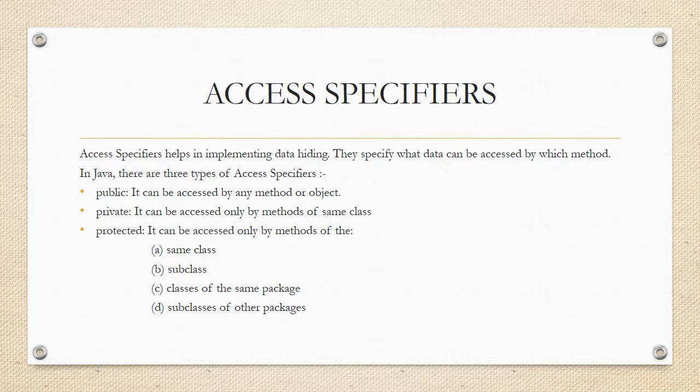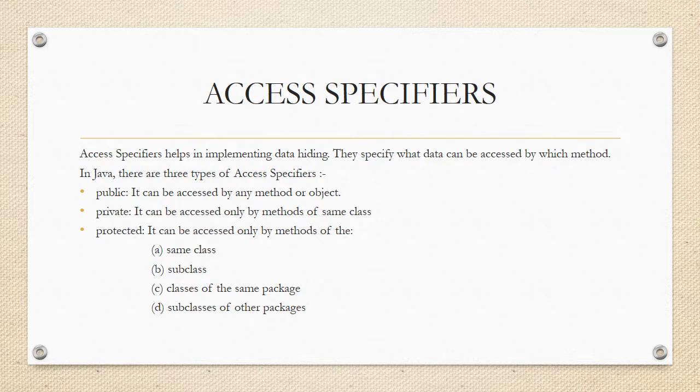But if your friend or your relative comes to your home, they can use and watch your television after taking your permission. So in this way, we can divide access specifiers into three parts: public, private, and protected.